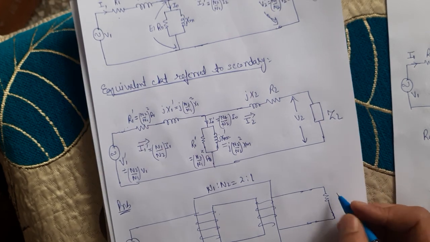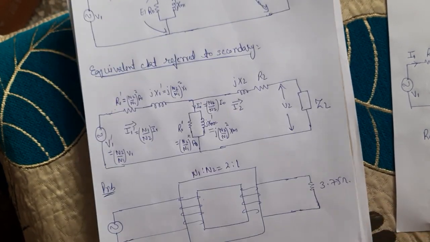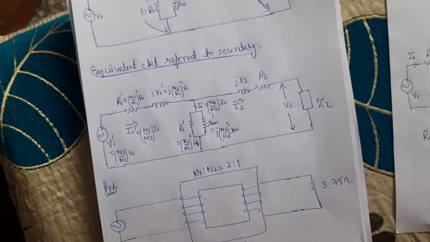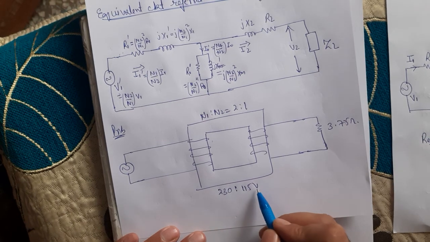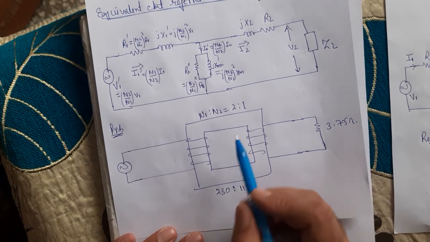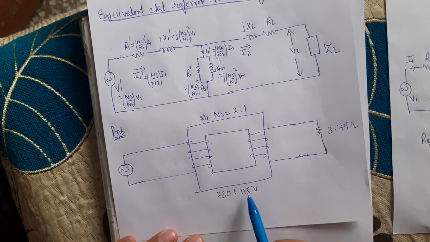And the load resistance is 3.75 ohm. Now what is the other data that is available? I have a 230 by 115 volt transformer, so obviously the ratio N1 by N2 will be 2:1, because this is twice the voltage of this.